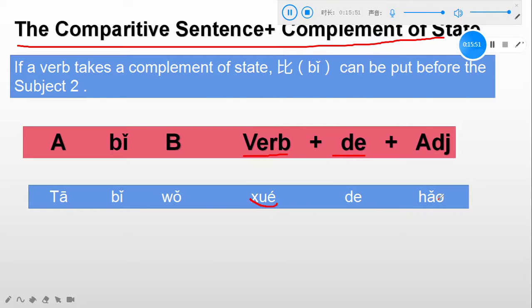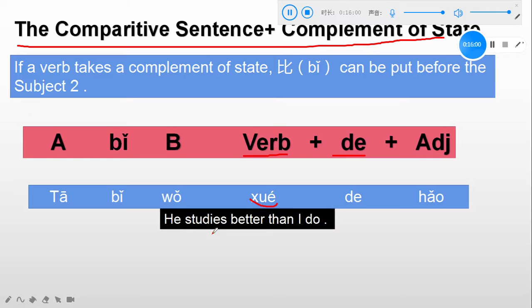So study 好, better. So he studies better than I do. See the English translation. He studies better than I do. So 他比我学得好. This is example 1.